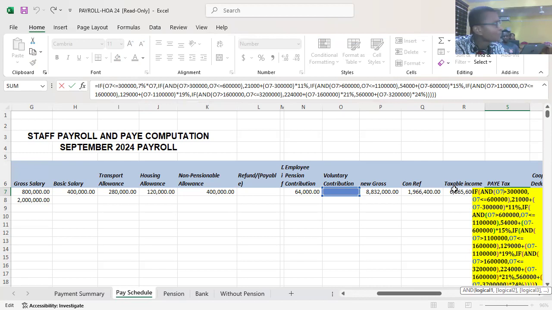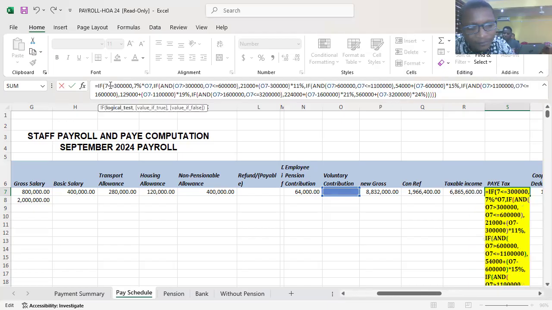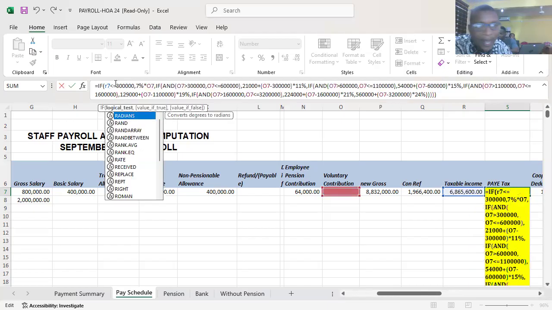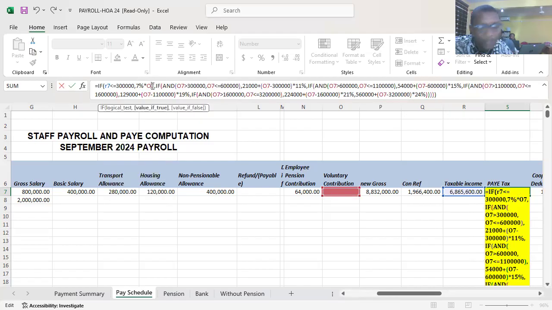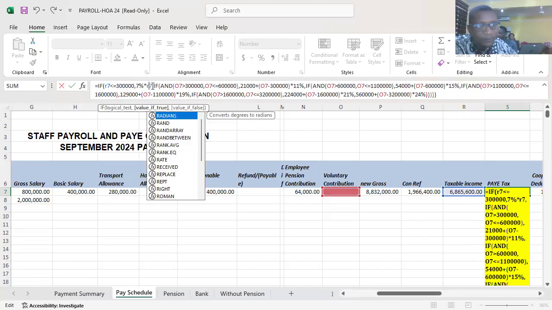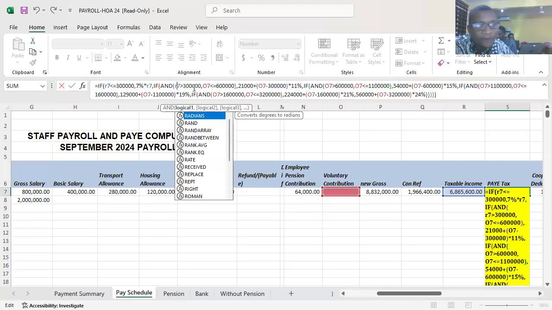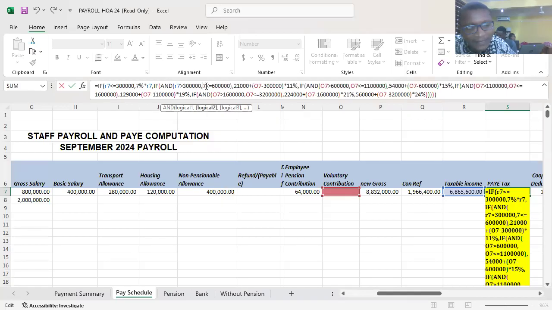To R7. So I'm going to be changing all this to R7. Next one will also be R7. Anywhere you see 07, we change to R7, just to work with the formula to make our life easier.